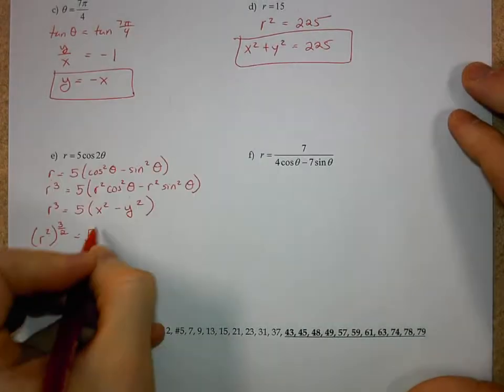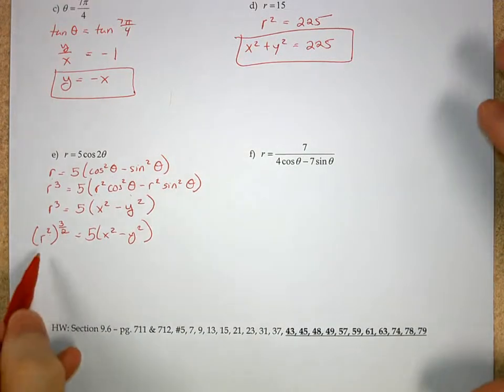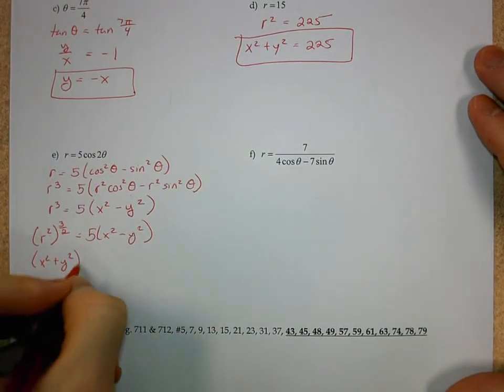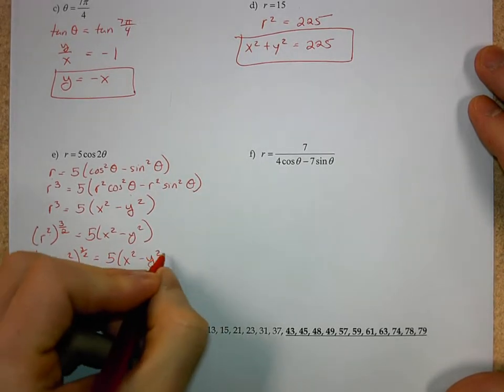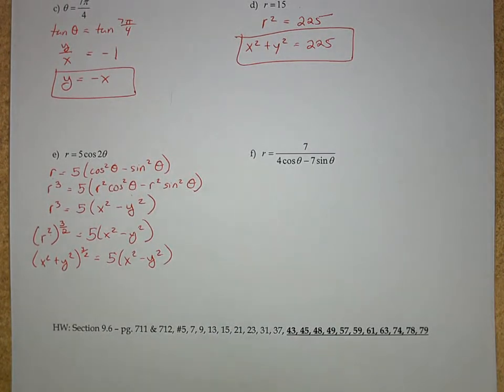So I'm just going to rewrite that left-hand side. And now r squared, I know, is the same thing as x squared plus y squared. So x squared plus y squared raised to the 3/2 is equal to 5 times the quantity x squared minus y squared.